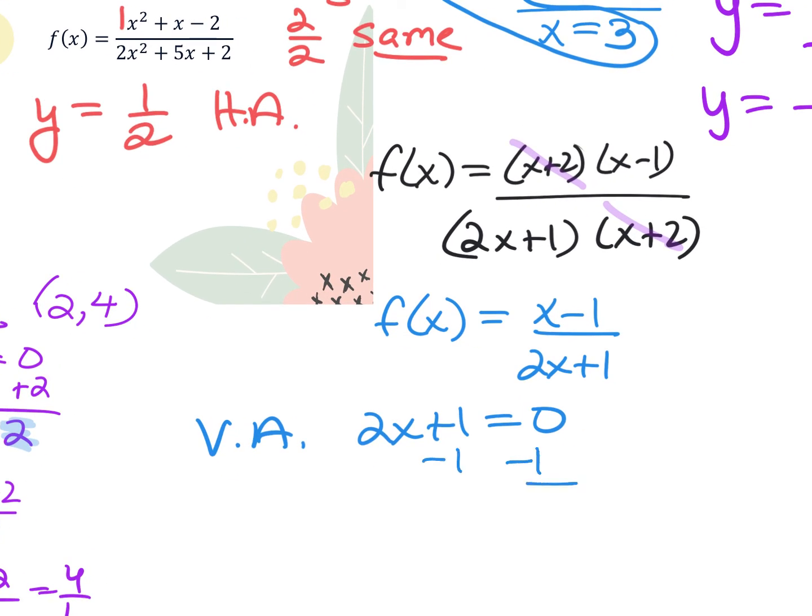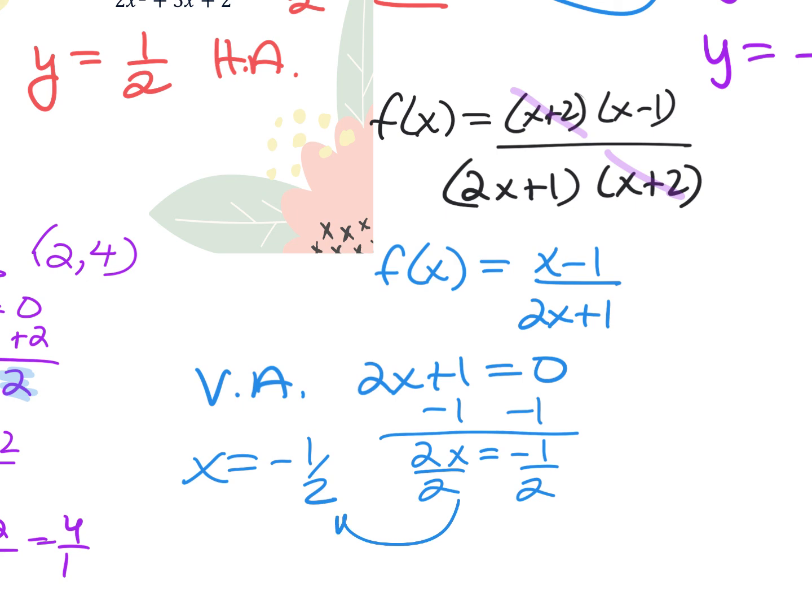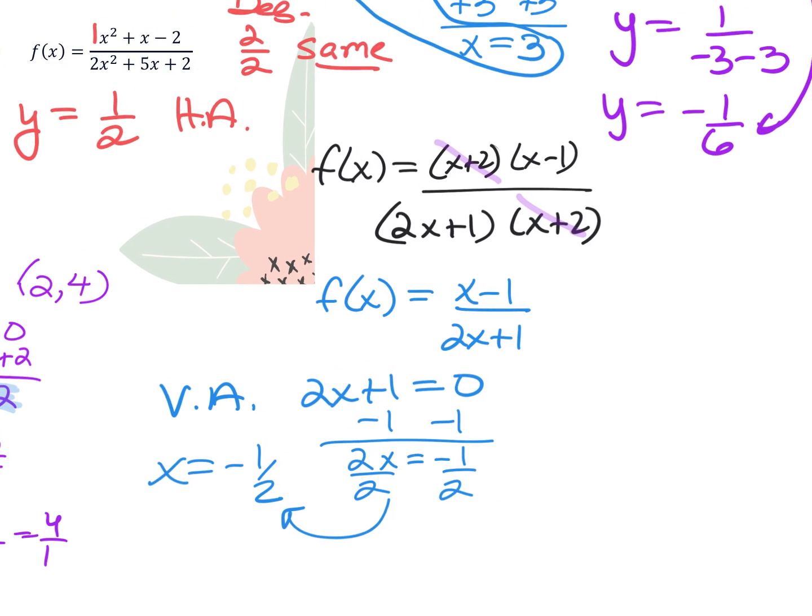Subtract 1, 2x equals negative 1, divide by 2, and your vertical asymptote is located at x equals negative half. Now again, it's got a hole because I had a factor that canceled. Set that factor equal to 0.